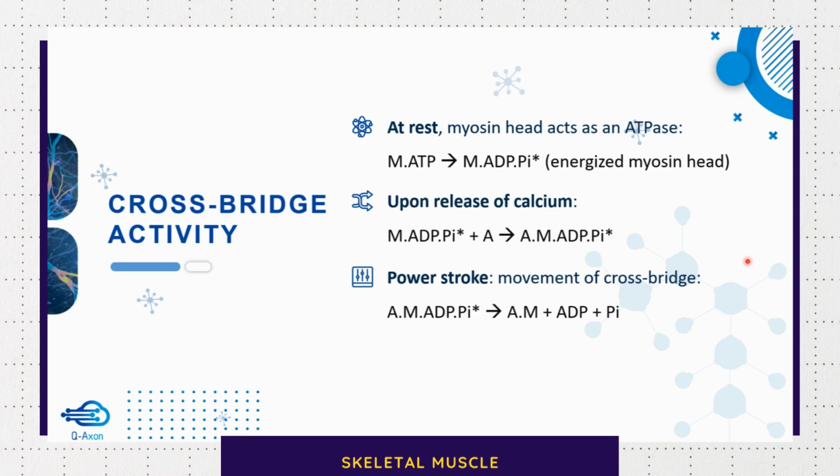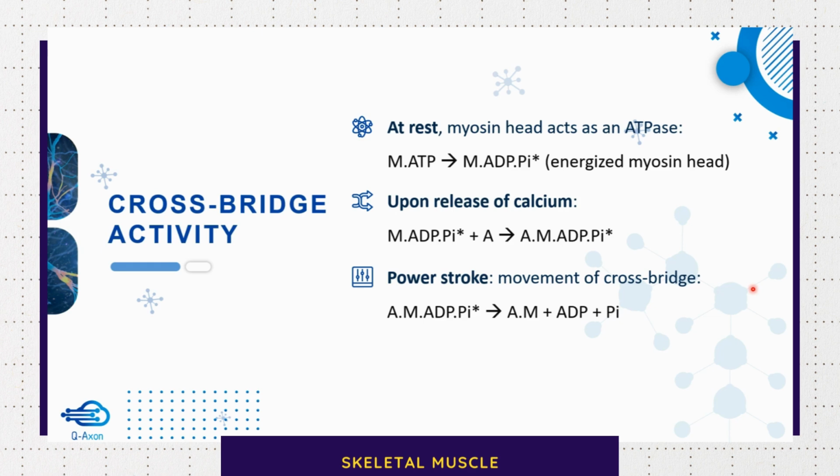This involves an arc-like movement of the cross bridge, and therefore actin slides over myosin. So this requires energy, and the stored energy is now used up. So actin and myosin are still bound to each other, but ADP and Pi are released. The energy is used for the movement, which is referred to as the power stroke.